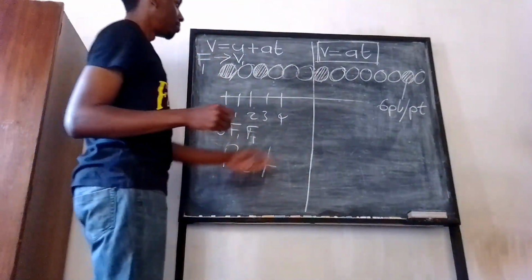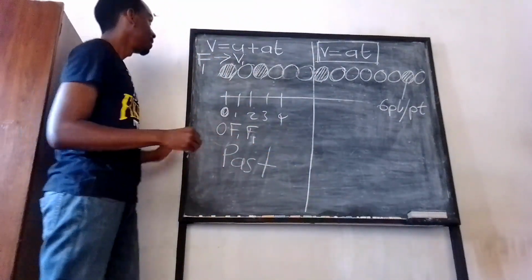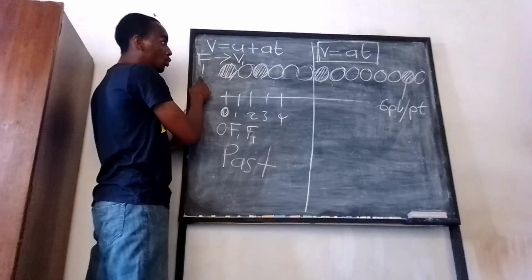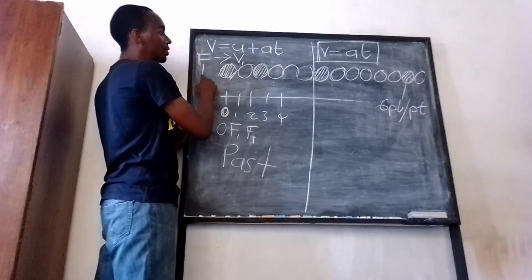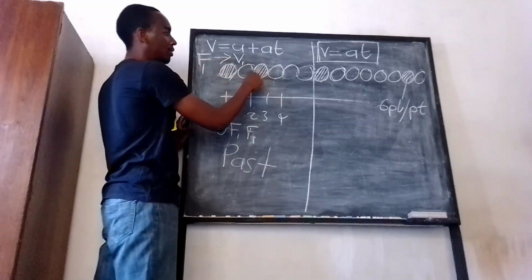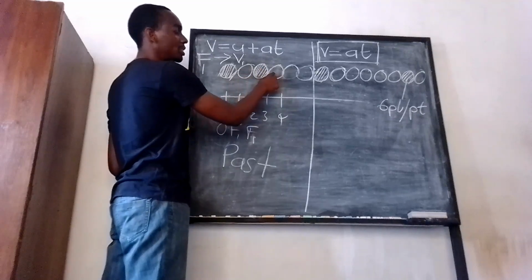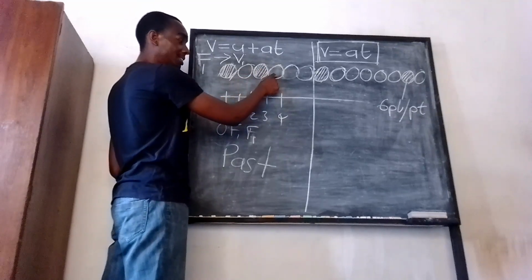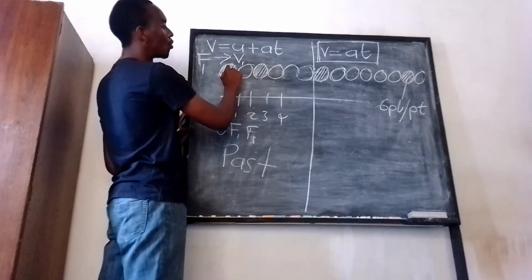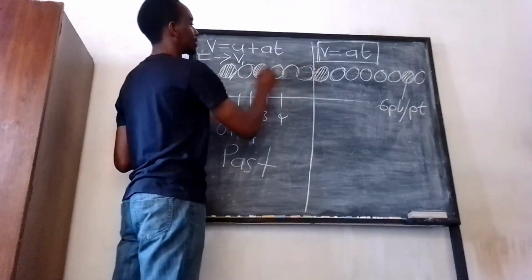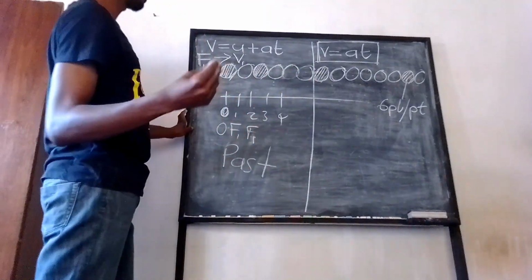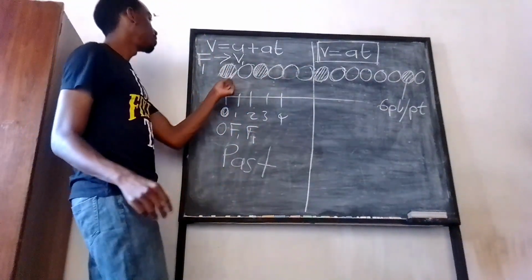Because we do not know, a force, say F3, could have been imparted, which moved the particle 1, 2, 3 spaces, or a force F6 could have been imparted, which moved the object.